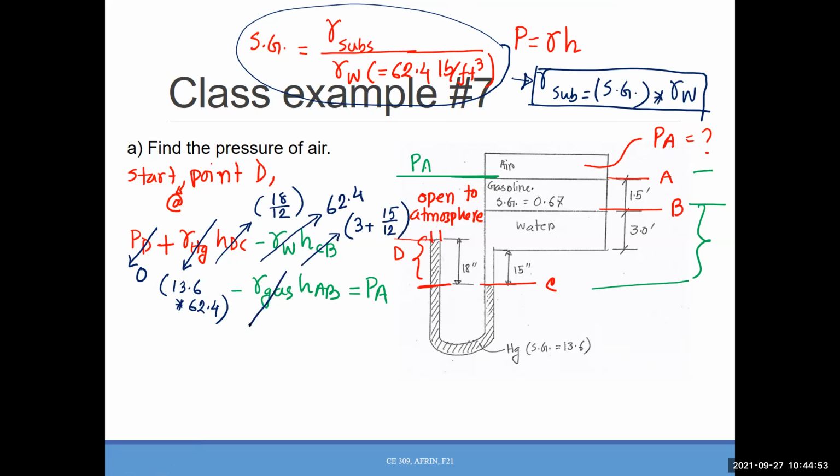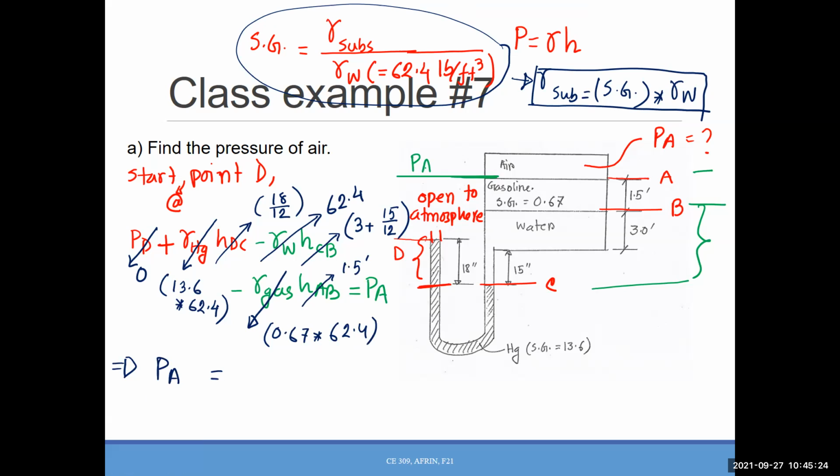What will be the gamma gasoline? 0.67 multiplied with 62.4. And what is HAB? 1.53. Okay. Now calculate the PA with proper units.